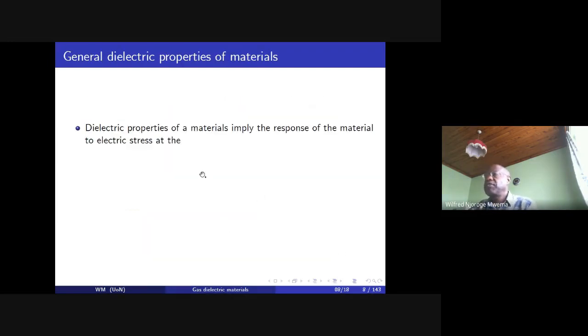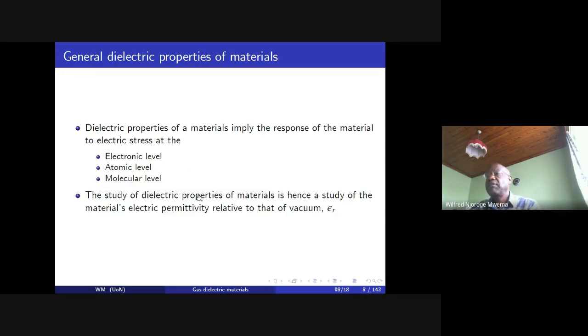So the electric properties of materials imply the response of the material to electric stress at the electronic level, where we saw the electronic polarization, and that polarizability is a frequency dependent property of the material, to the atomic level, and then molecular level. Finally, we say that the study of the dielectric properties of a material is therefore usually a study of the material's electric permittivity relative to that of a vacuum.